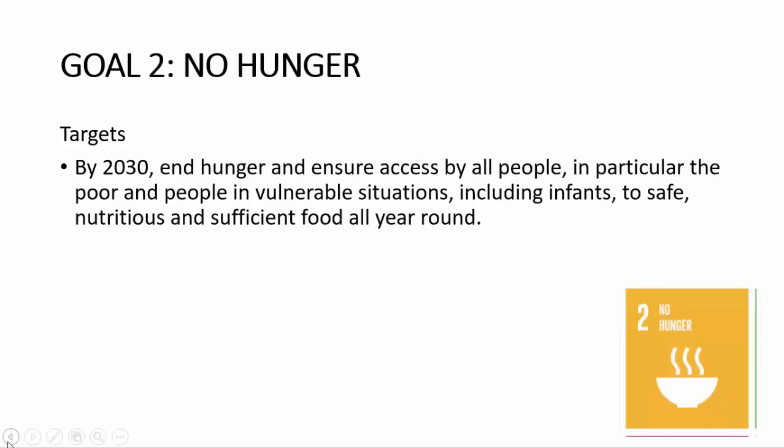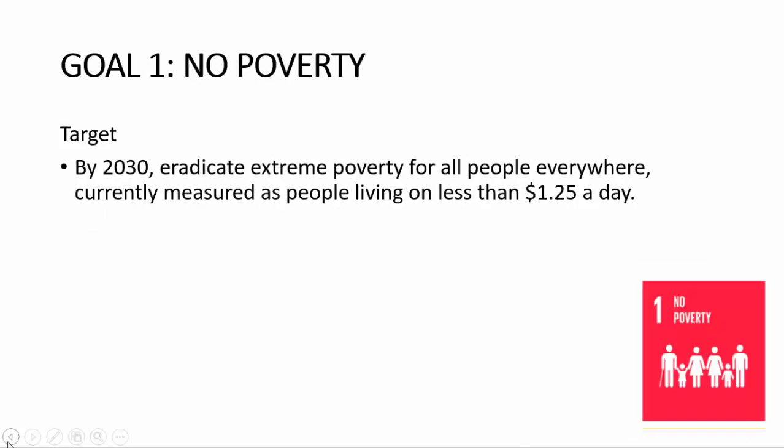If you look at goal one, no poverty, poverty needs to be eradicated. That's everyone's vision. And if you look at the target, they've defined the indicators for how they are going to be measuring this. Usually when it comes to development of projects, you can already see this is a global thing, but even at country level, even at community level, you can see that there's a lot of participation from stakeholders.